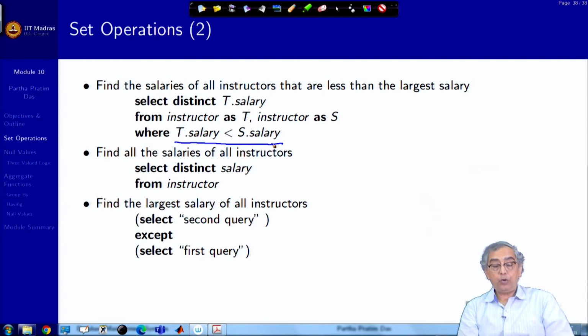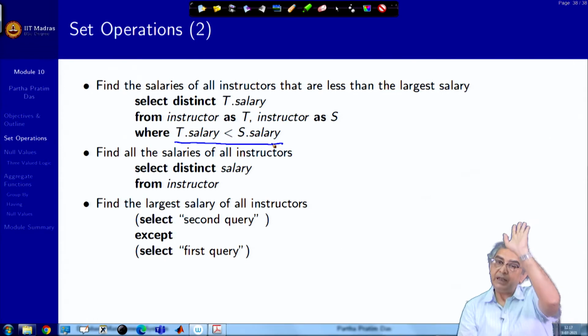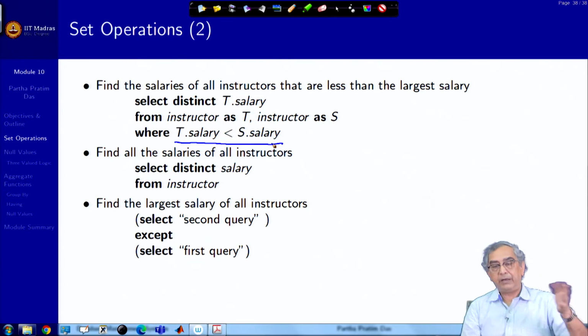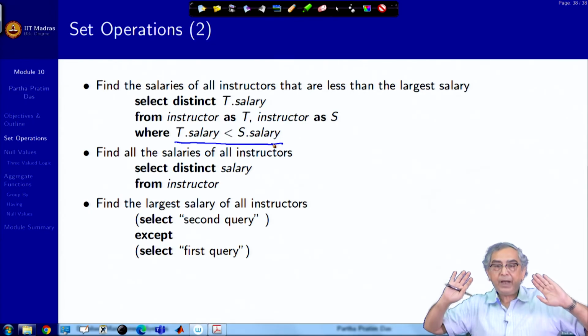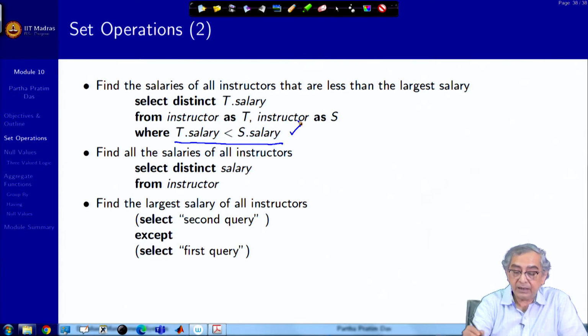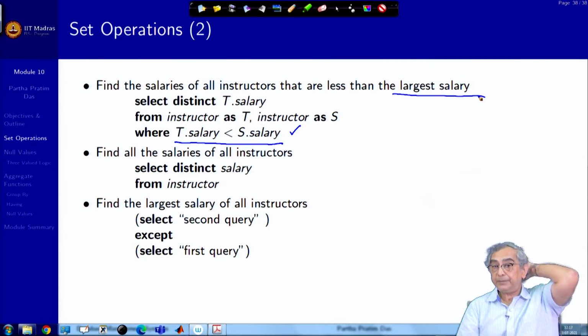So, this will mean that the only salary which will not satisfy this is the highest salary itself. Otherwise, the highest salary will exist somewhere in S.salary, so it will come in the combination everywhere with T.salary, and I will be able to get those T.salary satisfying this condition, except for those entries where the salary is the highest.